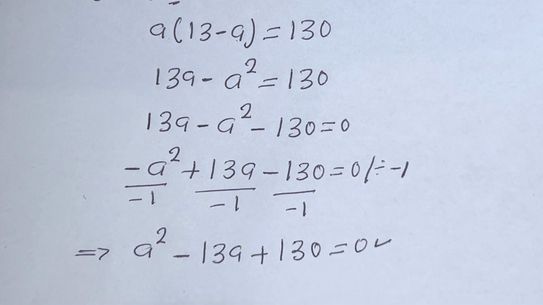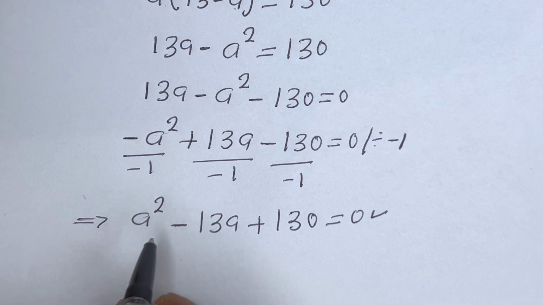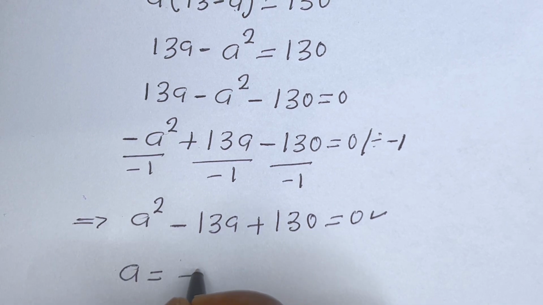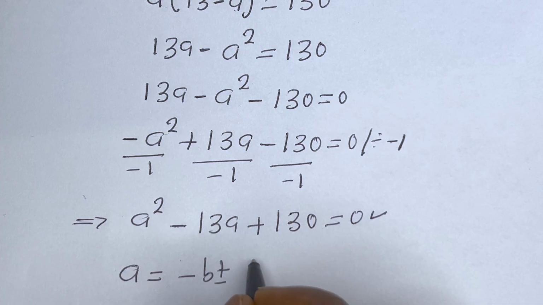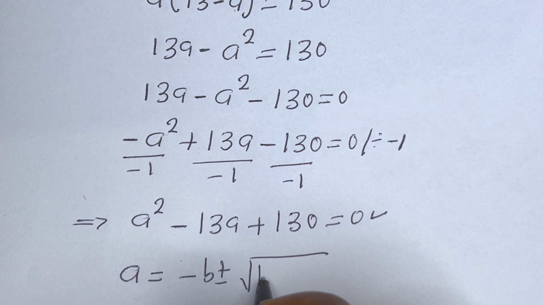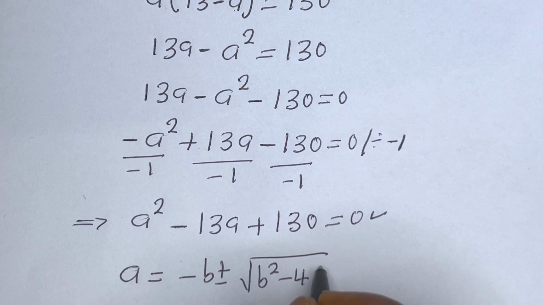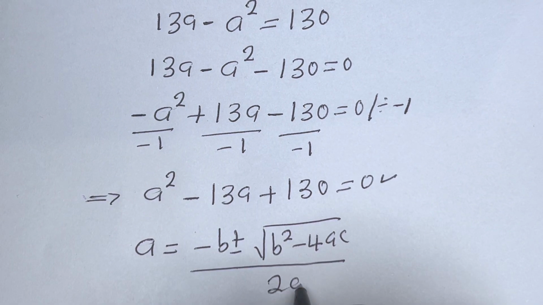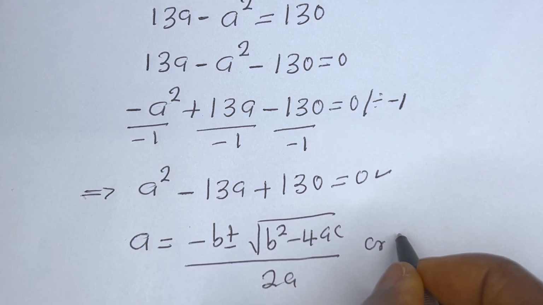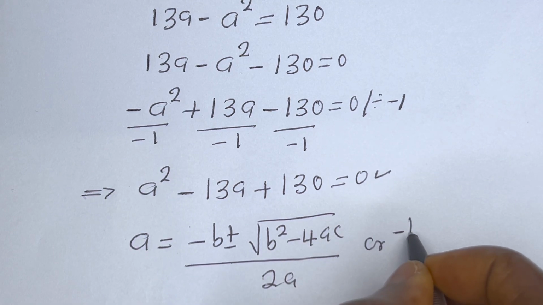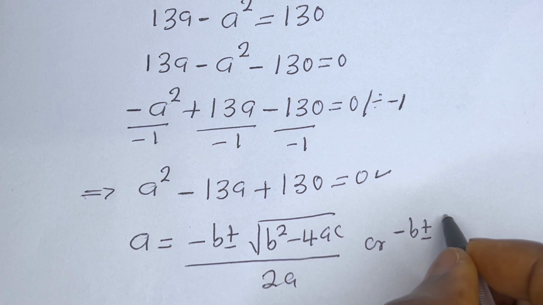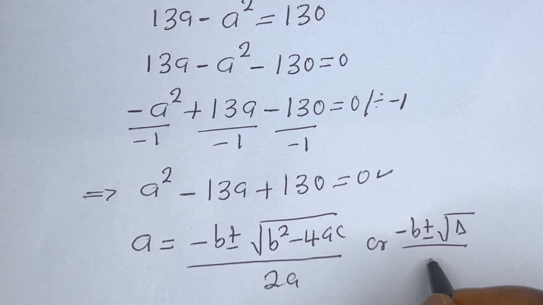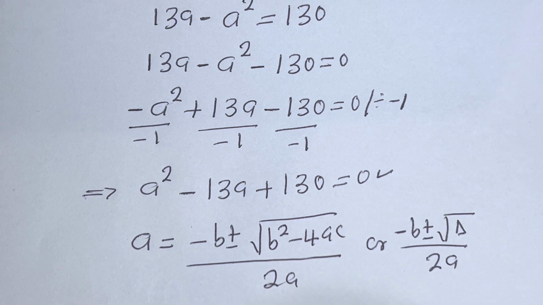This is a quadratic equation. Let us solve this using the quadratic general formula. From the quadratic general formula, A is equal to minus B plus or minus square root of B squared minus 4AC over 2A, or minus B plus or minus square root of discriminant over 2A.